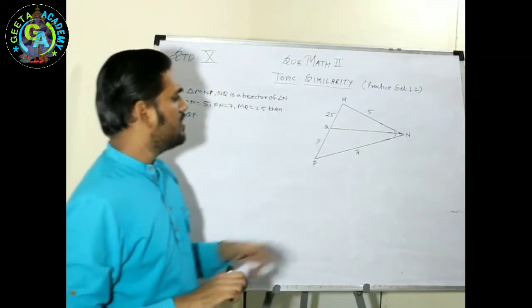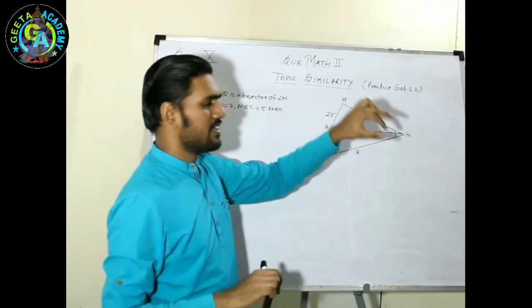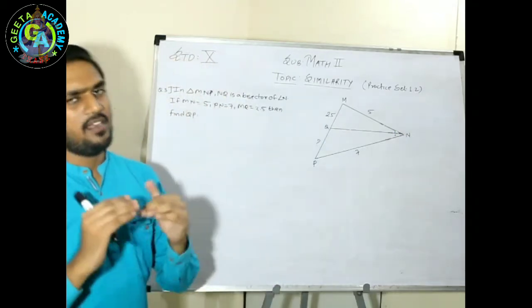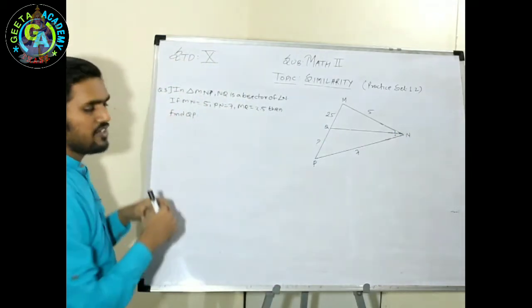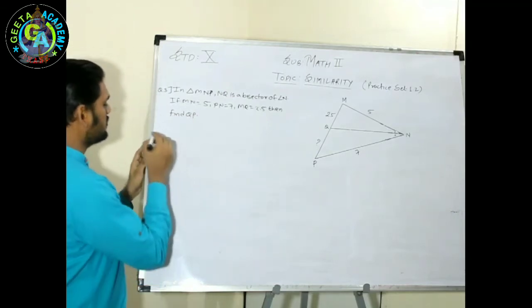As we are dealing with the angle bisector, which property are we going to apply? Angle bisector property only. Whatever is given to us, first we have to write that, then we will solve.